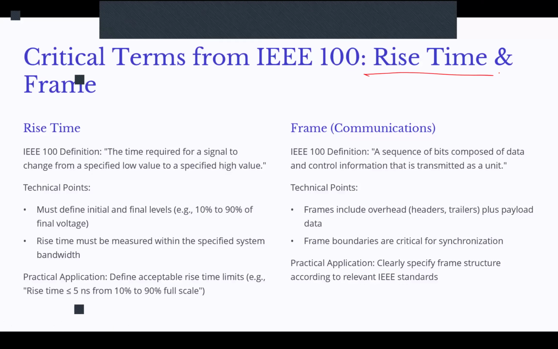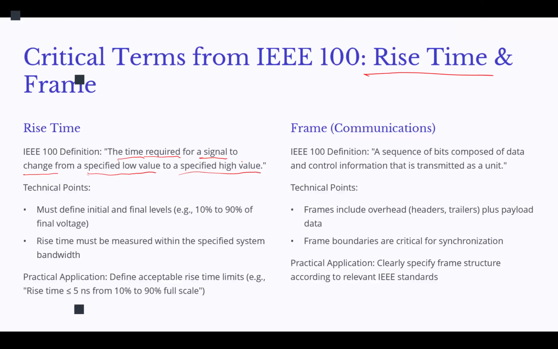You can't just say the rise time is 5 nanoseconds. The rise time of which signal? How do you define that 5 nanosecond period that we eventually want to evaluate? We want to measure it in the testing process to see if we're following the design or not. If we define the criteria of 5 nanoseconds, we're going to measure it. But that time period is measured between which kind of signal change?